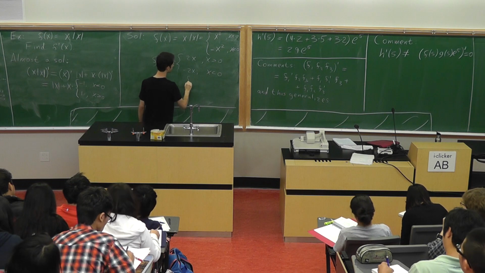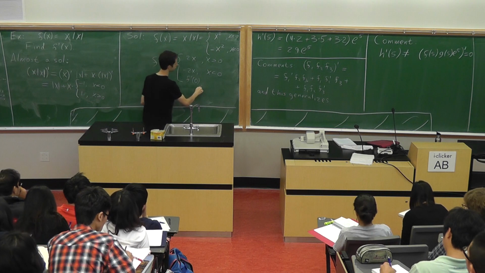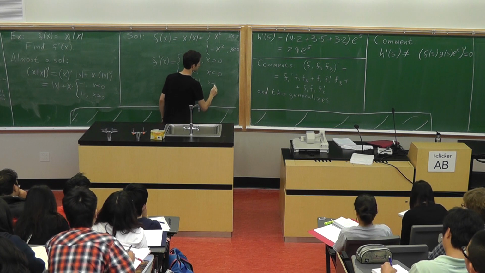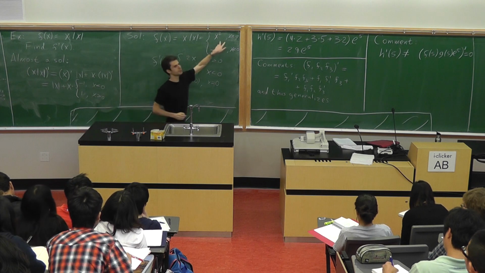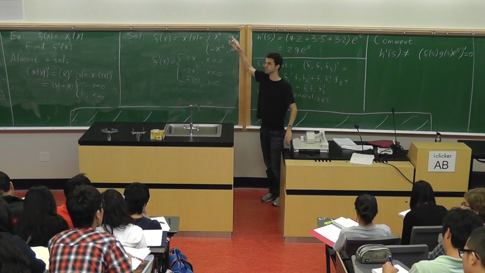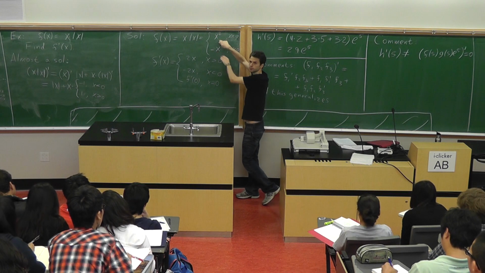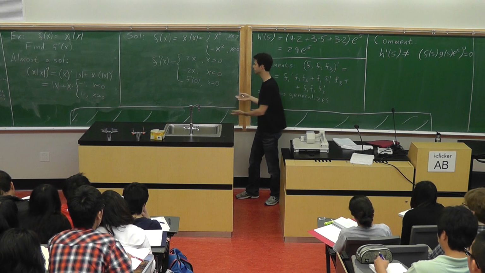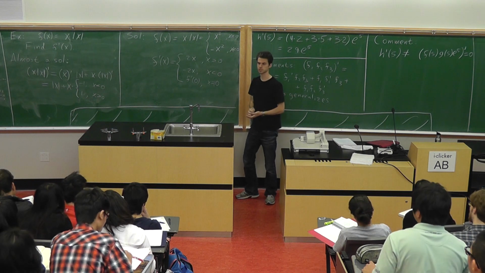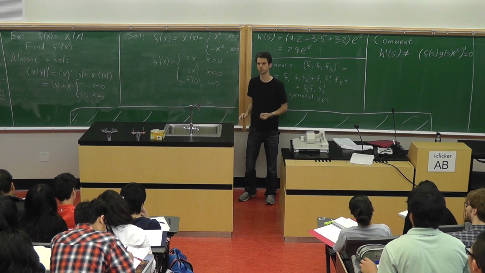Well, at 0, we might have some answer, but we aren't quite sure, because at the point 0, we'll use both definitions somehow, both this one and that one. So we can't really tell from just looking at this formula what is the derivative at the point 0.